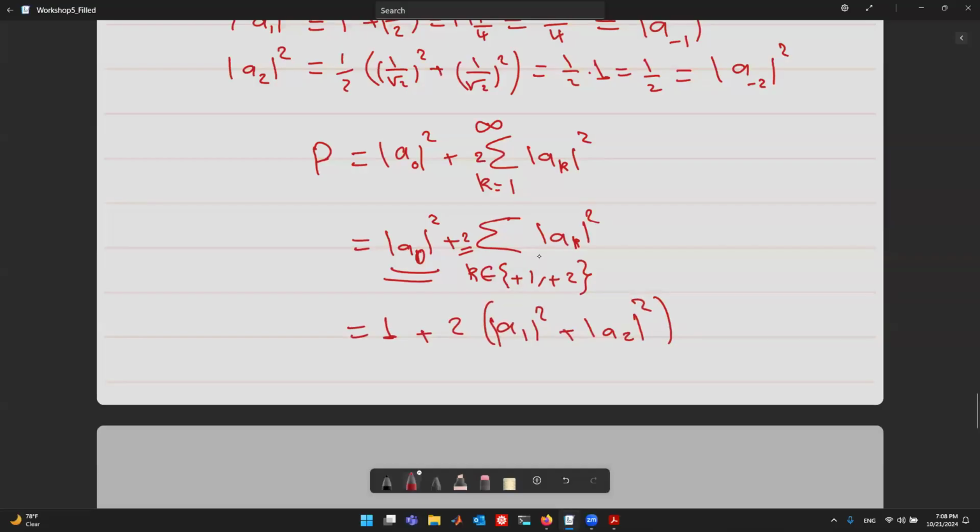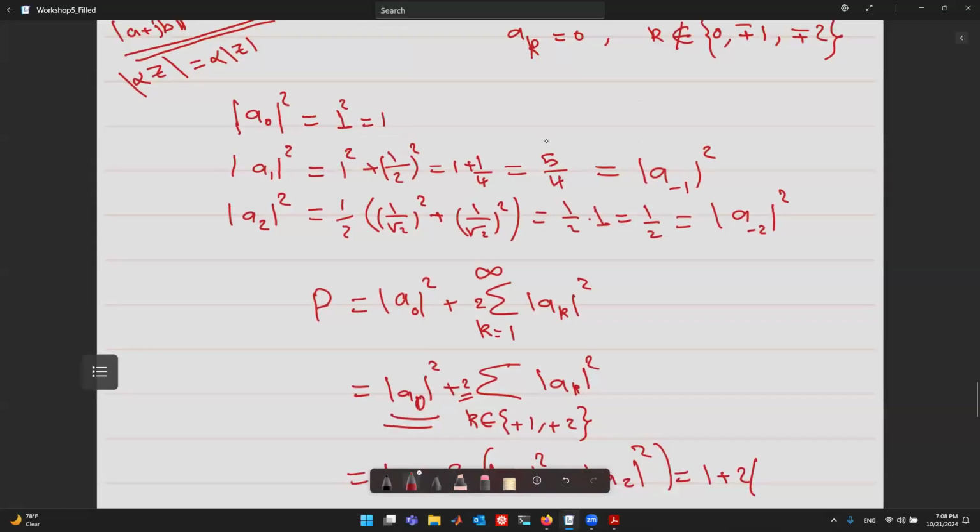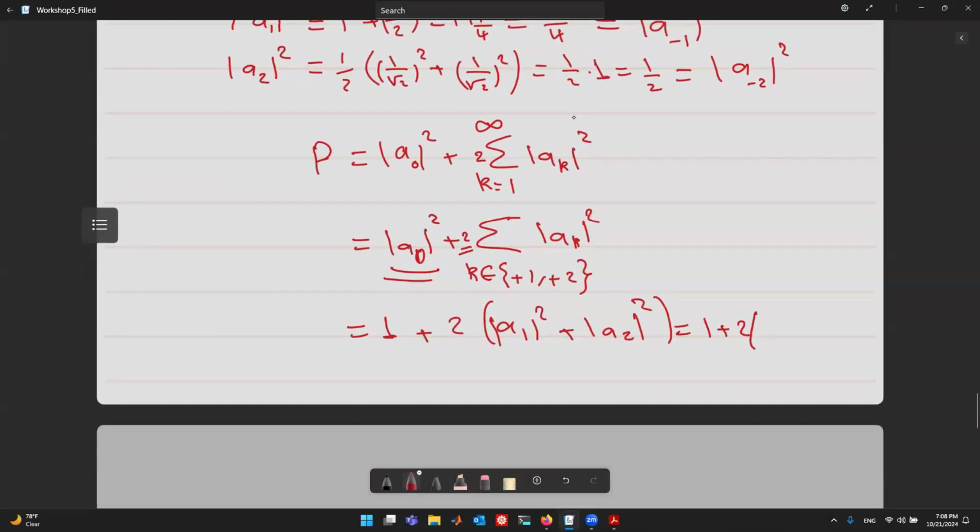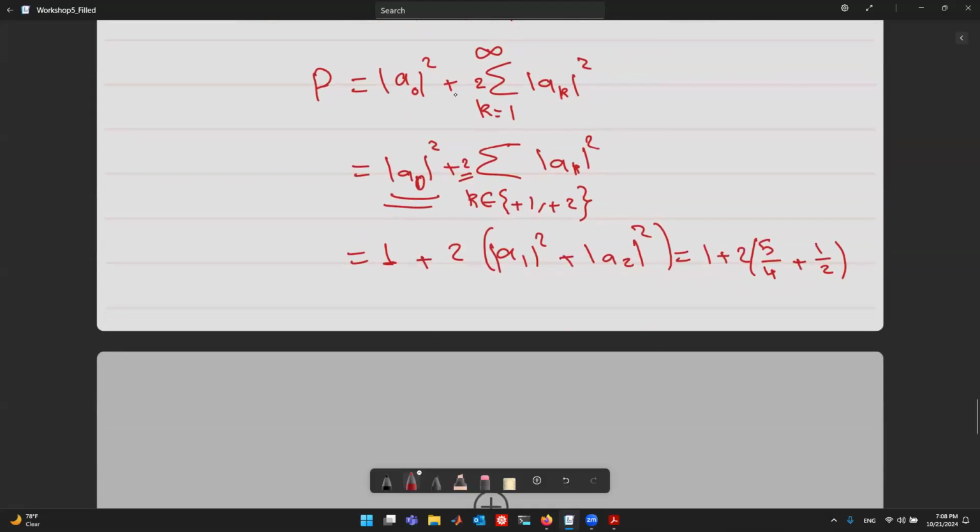And this is the power, which is 1 plus 2 times a1 squared, which is 5/4, plus a2 squared, which is 1/2. So the power will be 1 plus 5/2 plus 1/2, right?